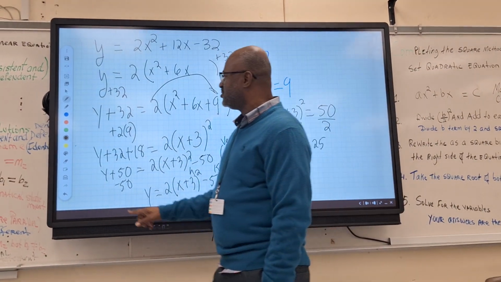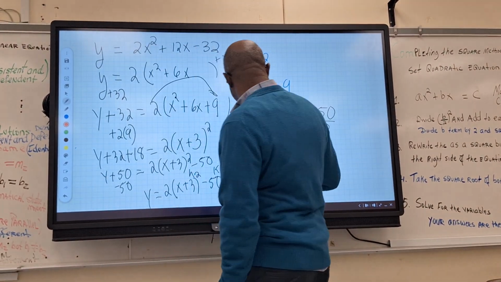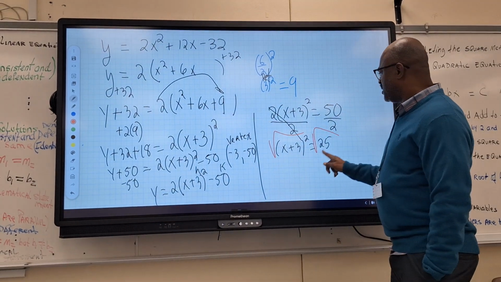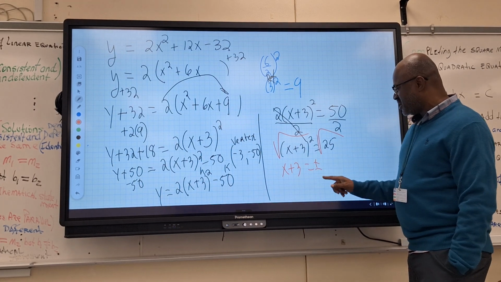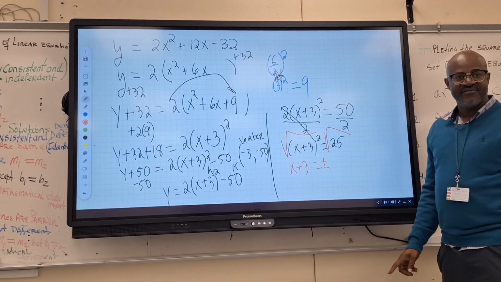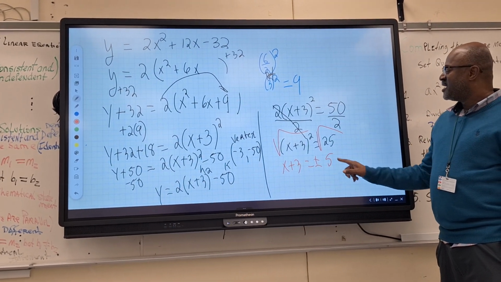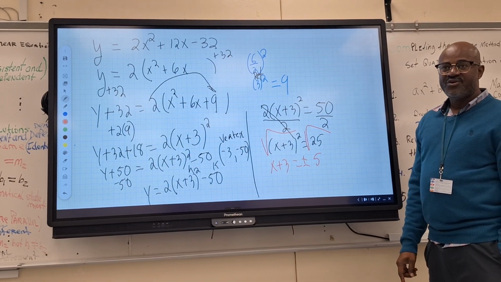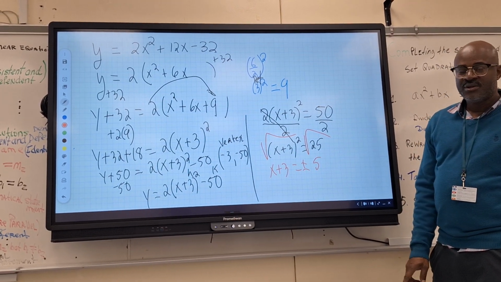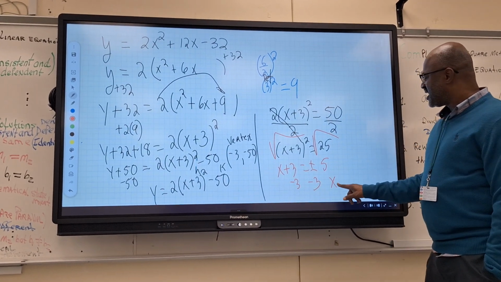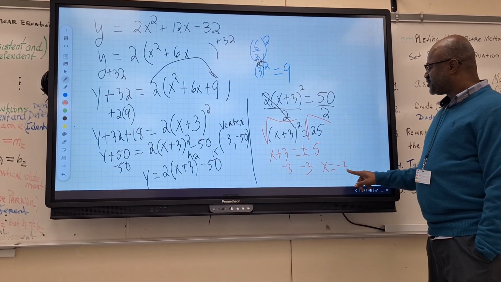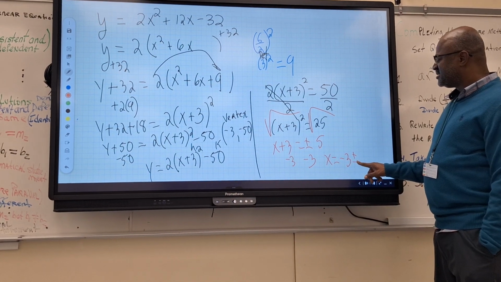What will you do? You take the square root of each side. Then you'll have x plus 3 equal plus or minus, what is the square root of 25? 5. Now you need to get x by itself. What will you do? Subtract 3. Then you'll have x equal minus 3 plus or minus 5.